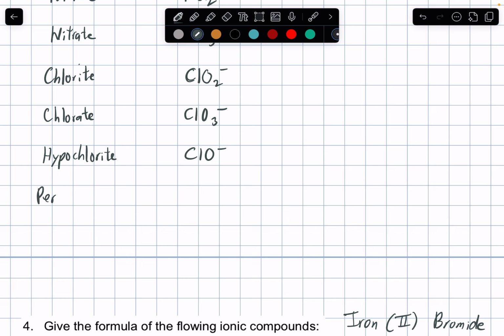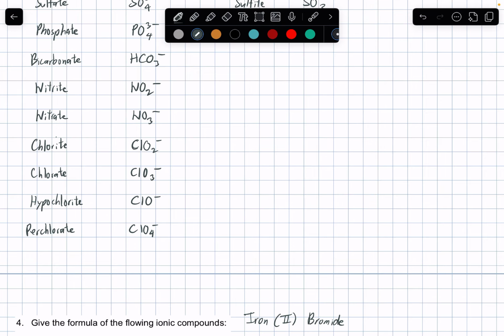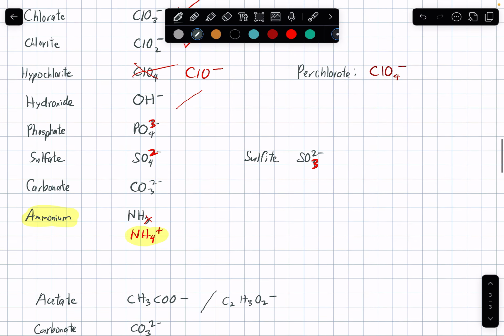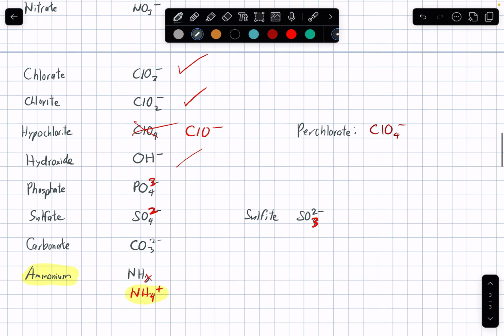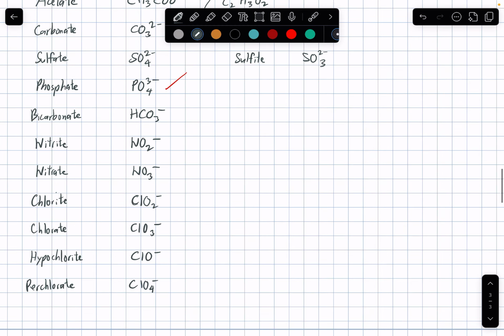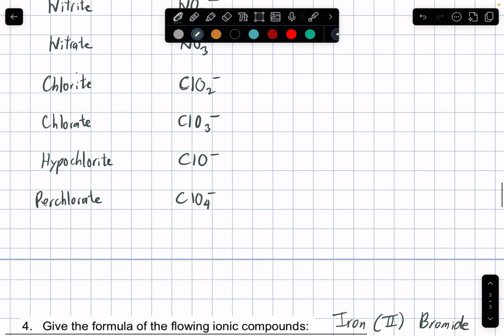And then per... I still might be wrong on hypochlorite. I'm not sure. Chlorate, chloride. I forgot hydroxide.